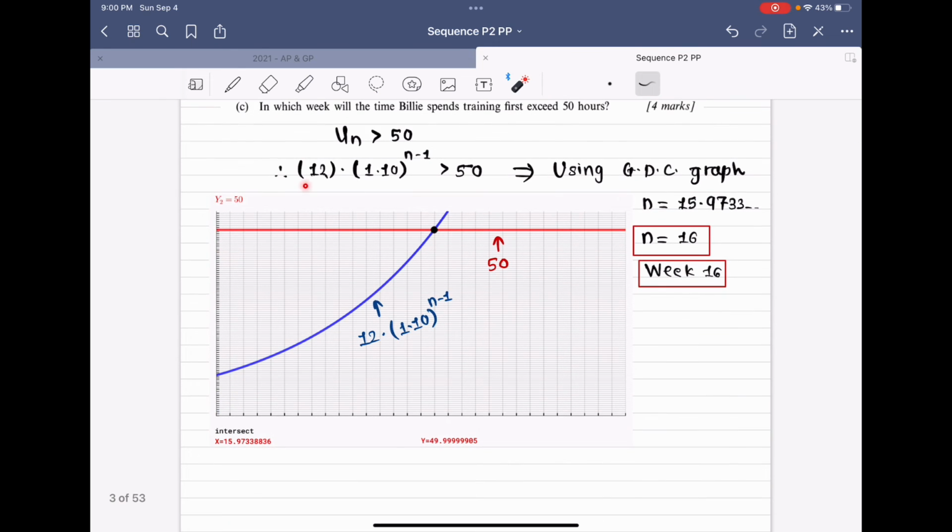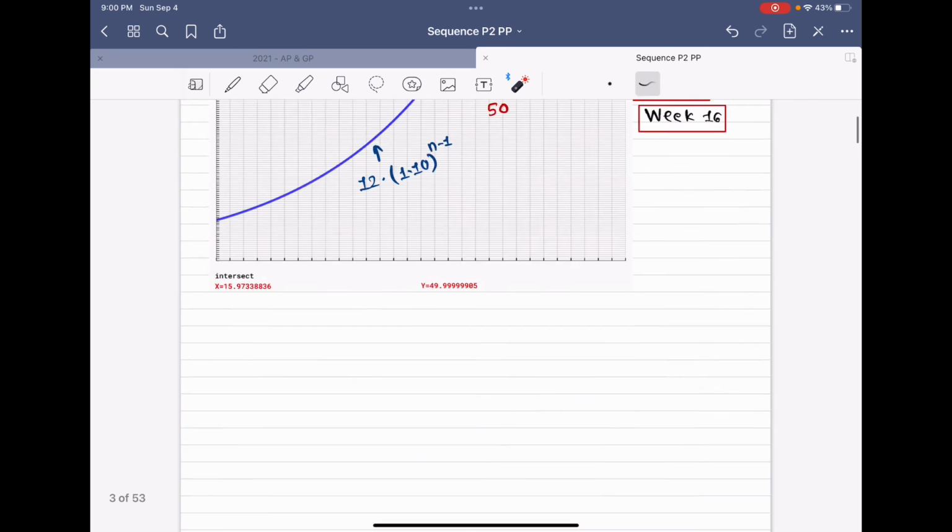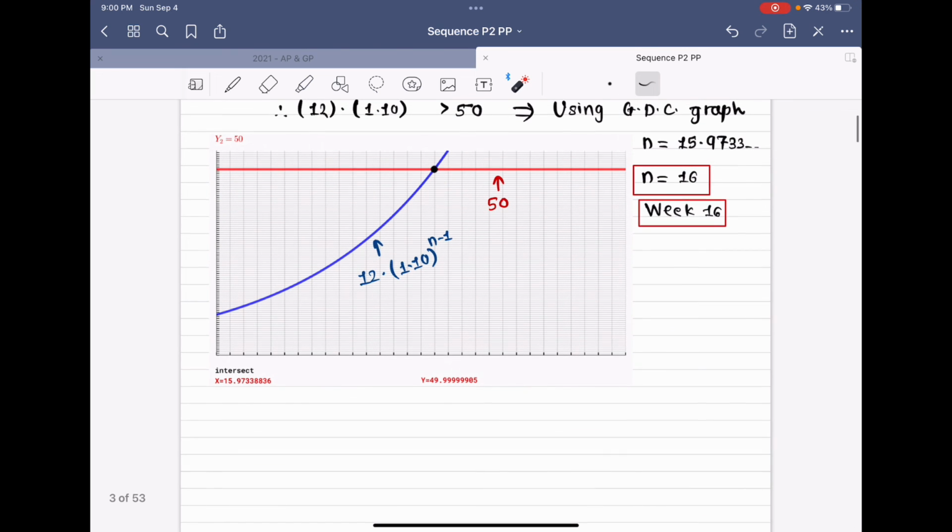First, you can see that in the inequality, this you should type in y1 in the graph of GDC, and this in y2 in the graph of GDC. Adjust your view window. Clearly I can see that my y value is greater than 50, so I'm adjusting this y value. You can see here more than 50, say 60 or something like that. And I know that it is 50 hours, so definitely I will use something like 20 or 30 on the x-axis.